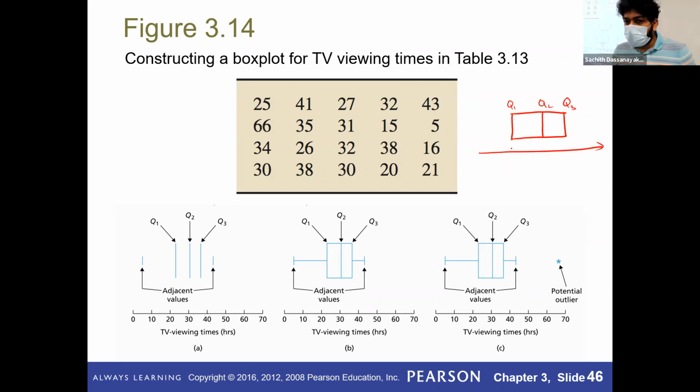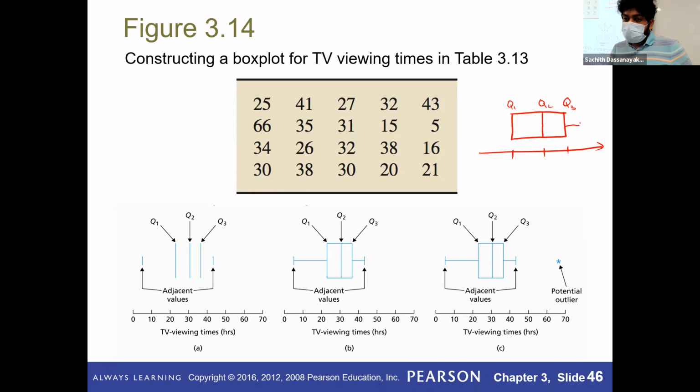Q1 represents its actual value here. Q2 the same, and Q3 the same. You cannot draw this box anywhere on the axis; those positions should represent Q1, Q2, Q3. Then these tails, right side and left side, represent the other distributed values.